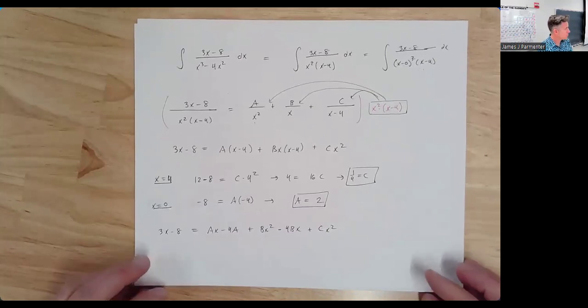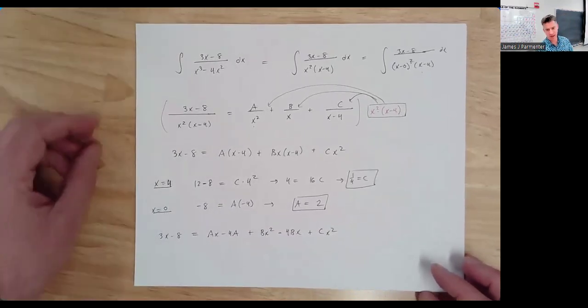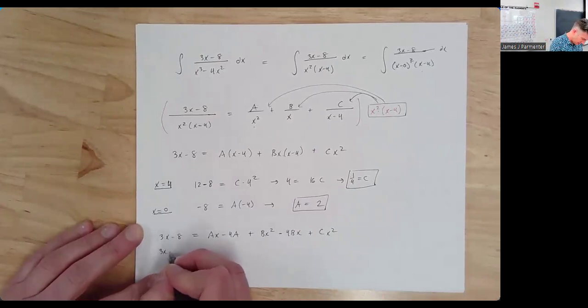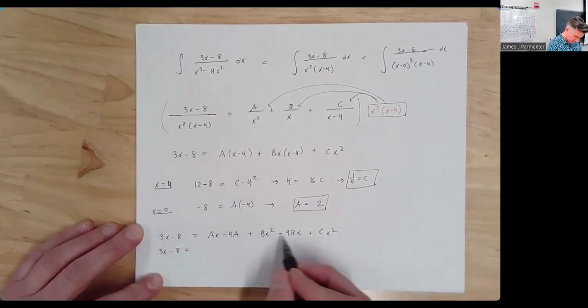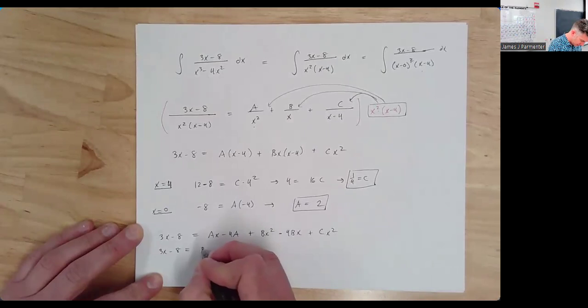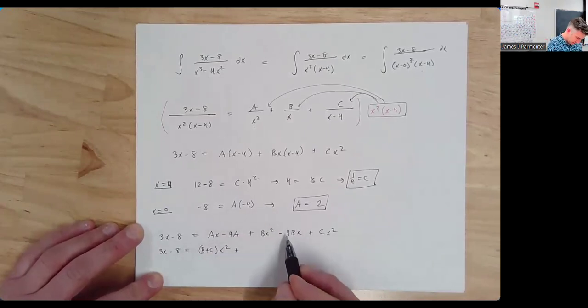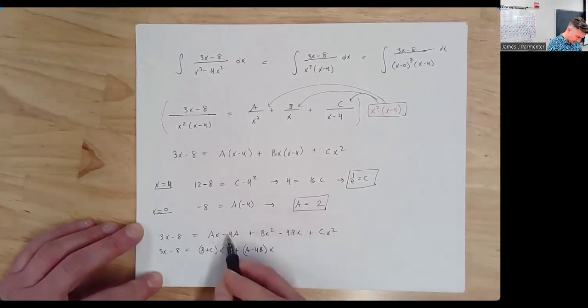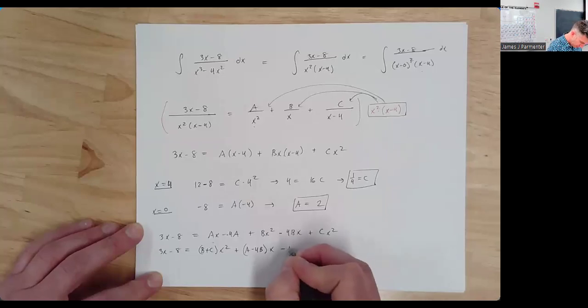And you could combine like terms. So we could say that 3x minus 8 equals, let's say I have b plus c times x squared plus, let's see, a minus 4b times x. And then finally, my constant term is just negative 4a.